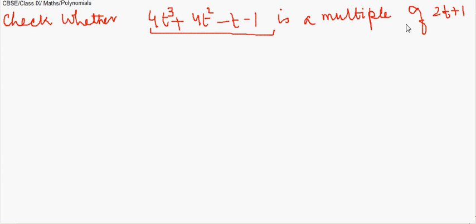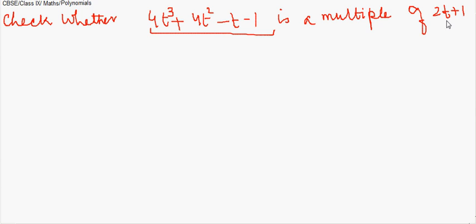Multiple means what? Suppose I say 10 is a multiple of 5, that means 10 is divisible by 5 without leaving a remainder. The same application we do here. This polynomial, 4t cube plus 4t square minus t minus 1, has to be a multiple of 2t plus 1.